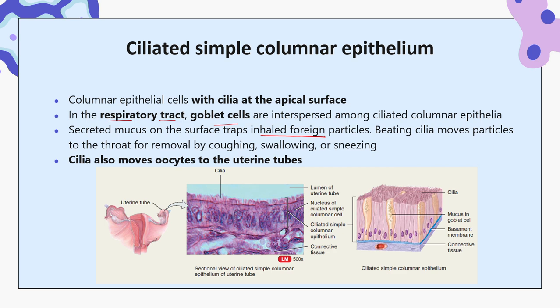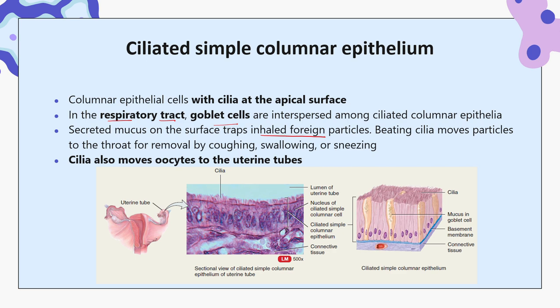The inhaled air may contain foreign particles and dust particles, so these get trapped by the mucus and cilia present in the lining of the respiratory tract. Beating cilia move particles to the throat for removal by coughing, swallowing or sneezing.